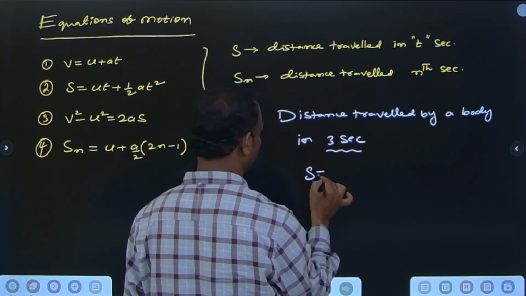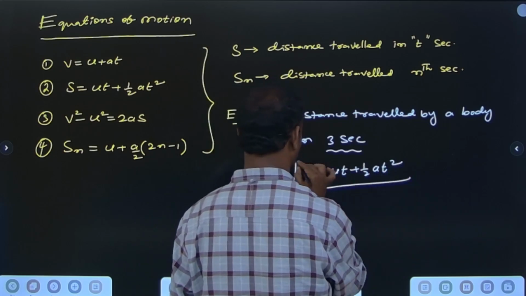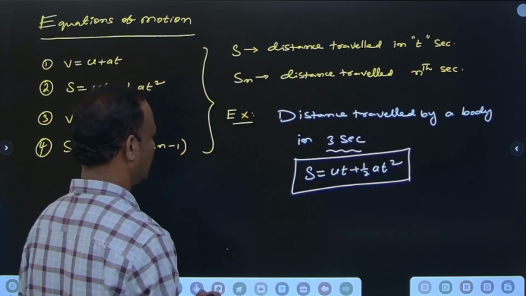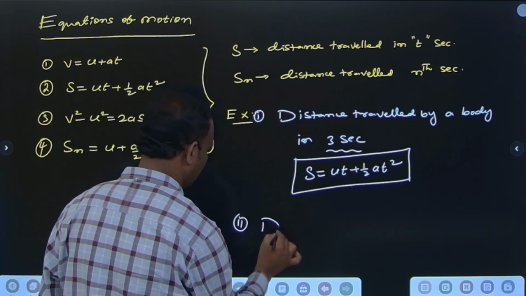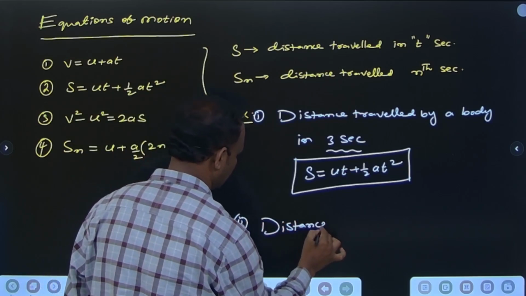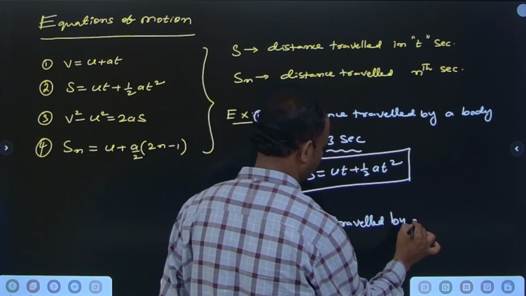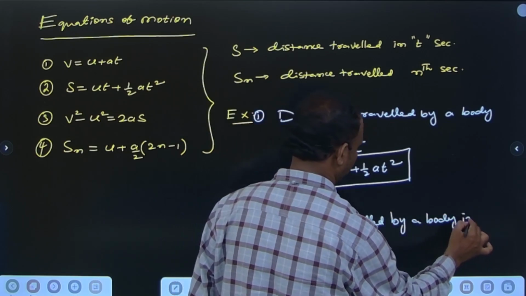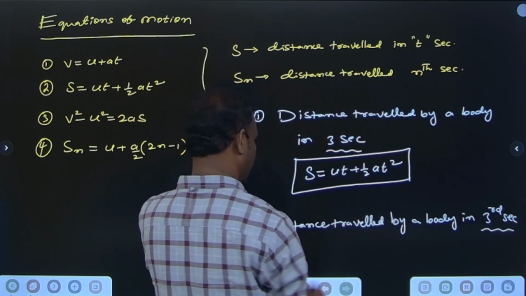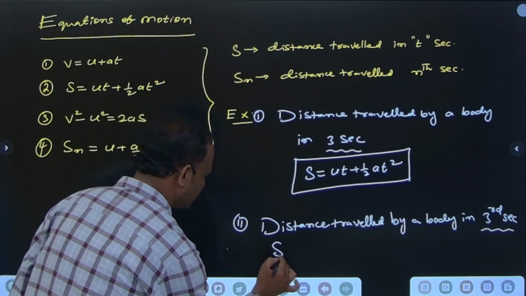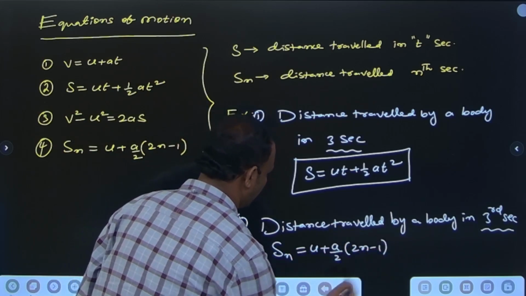we have to use S = UT + half AT square. And for the second case, the distance traveled by the body in the third second, n is 3, so Sn = U + A by 2 into (2n minus 1).